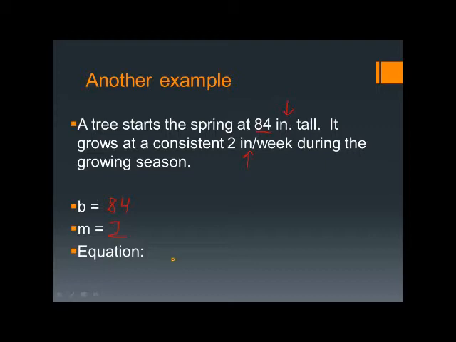Let's just use x and y. y equals our slope times x plus our initial value of 84. So that equation, y equals 2x plus 84, will work for modeling this particular example.